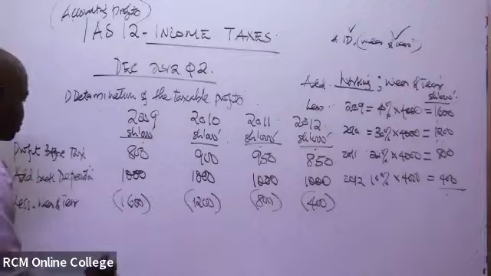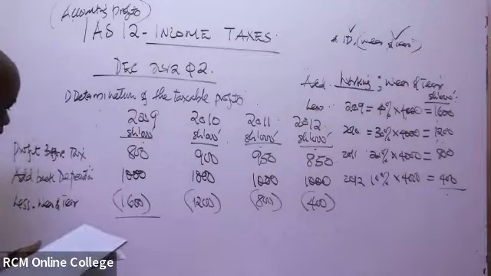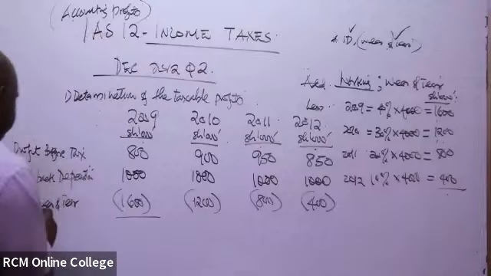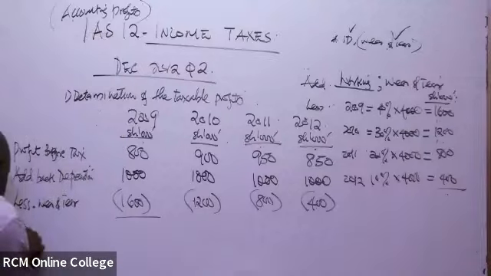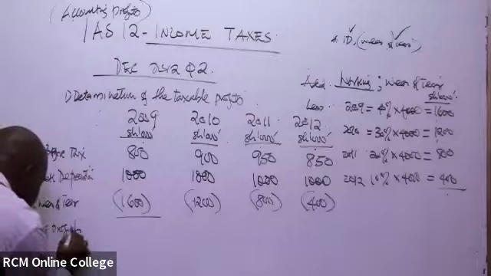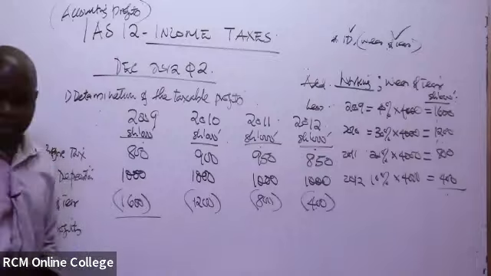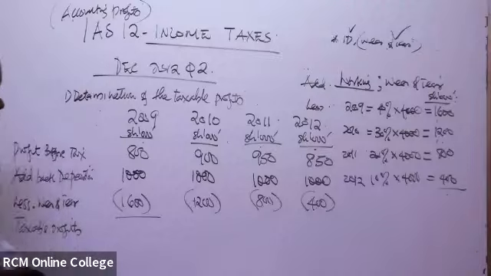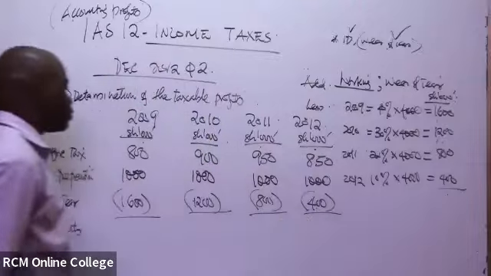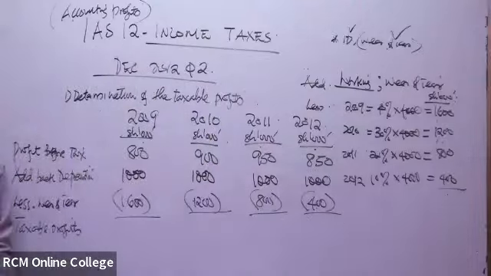Now the taxable profits will likely be how much? For the first one, you can give me the figures. It is 200. Yes, it is 200.